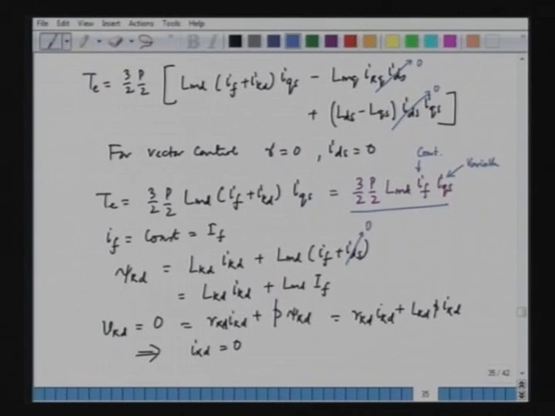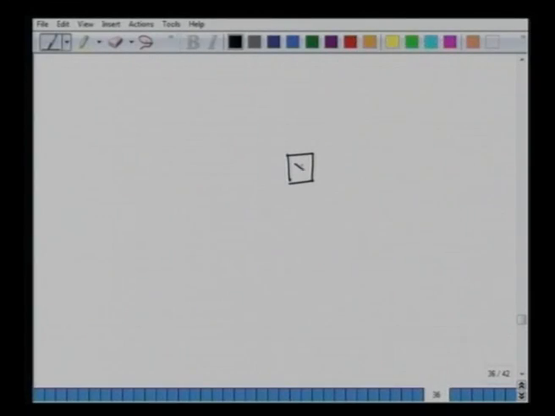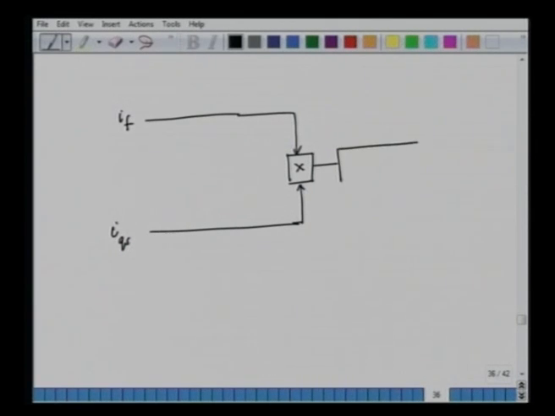In this case we will have the field current IF, and we have IQS, and this is multiplied with 3 by 2 into P by 2 into LMD, and what we obtain is the torque. There is no dynamics involved here. We can keep IF constant and we can change IQS to control the torque.